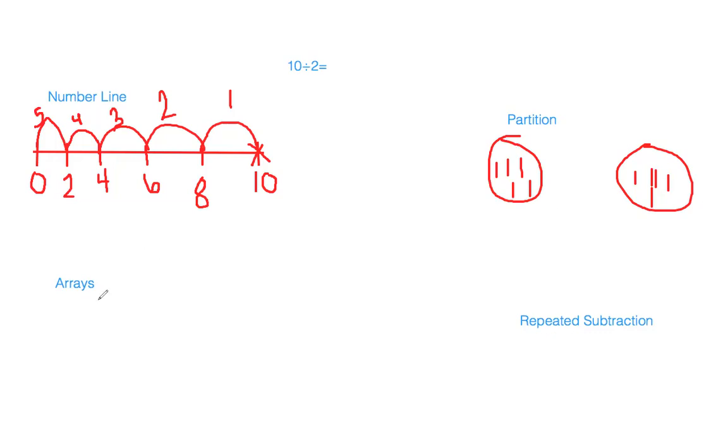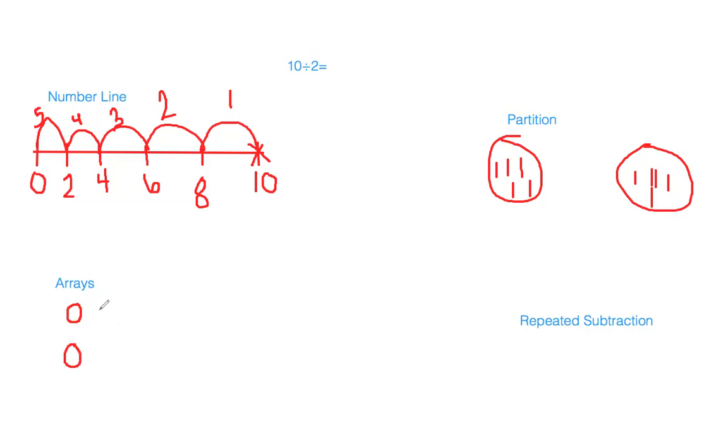The third strategy is arrays. So I'm going to take this 10 in my division problem and the 2, and I'm going to do kind of similar to partitioning. I know I'm going to need 10 total pieces, and I'm going to use this 2 as my number of rows. So I'm going to start by doing 2 rows, and then I'm going to place 1 in each row. That's the part that's similar to partitioning until I get to 10.